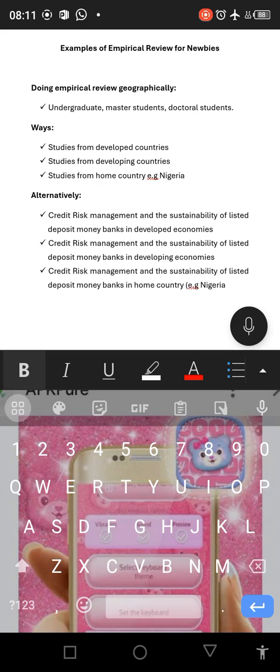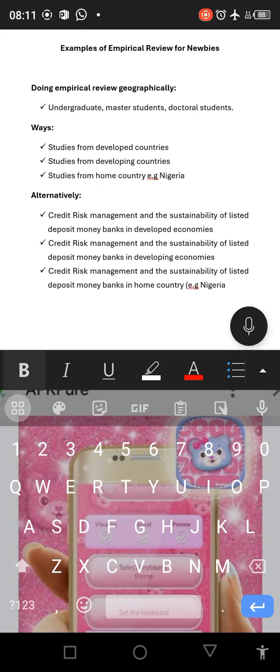However, this is subjective because it depends on their school policy, on their departmental policy, and on what their supervisor wants when it comes to research. And also it depends on the prowess, the writing prowess, the research prowess of the students. The students might want to write the empirical review objective by objective, but they are not mandated to do it.